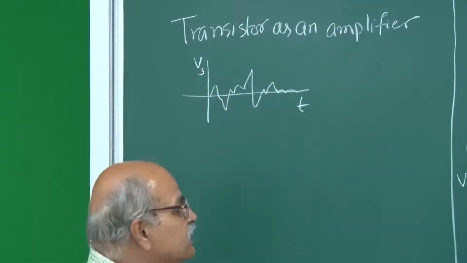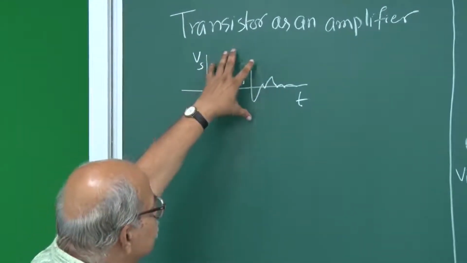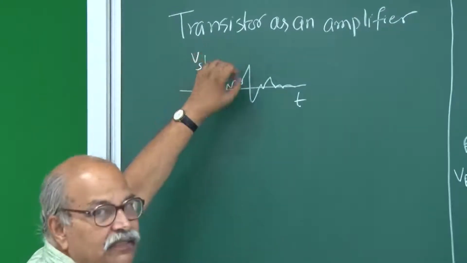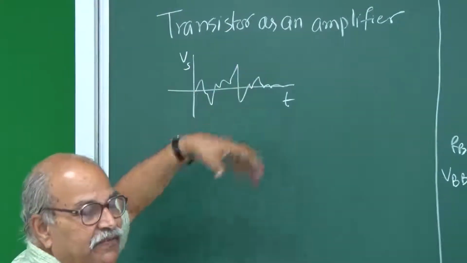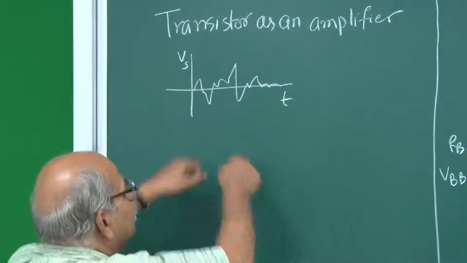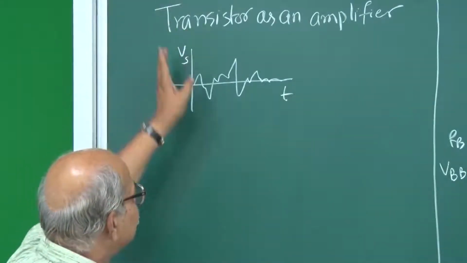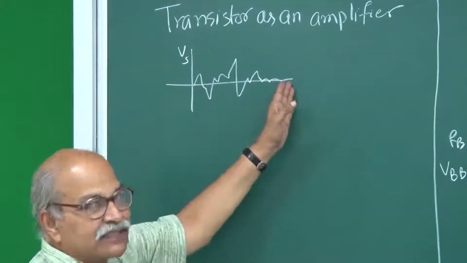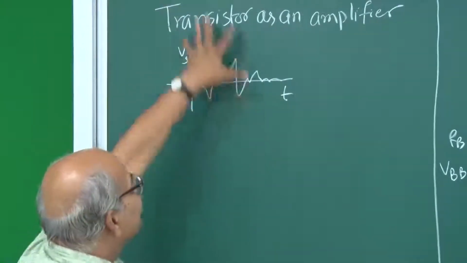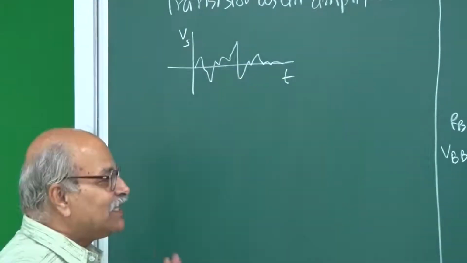And what we wish is that a similar signal is generated after amplification, only these amplitudes are now larger. If you have, let us say, a JPG type of picture, you just stretch it in the y direction and these amplitudes are increased, keeping this time axis the same. So that is how we need it.